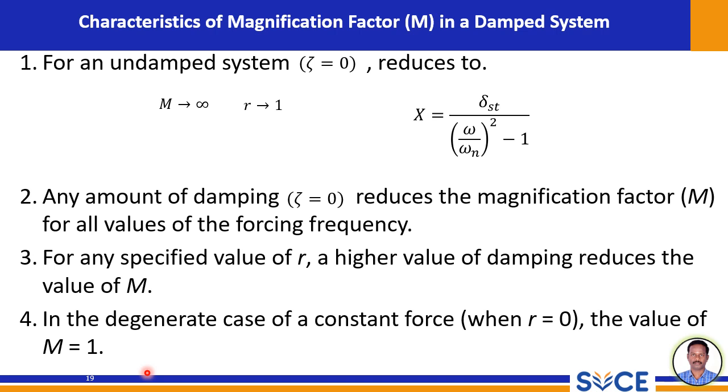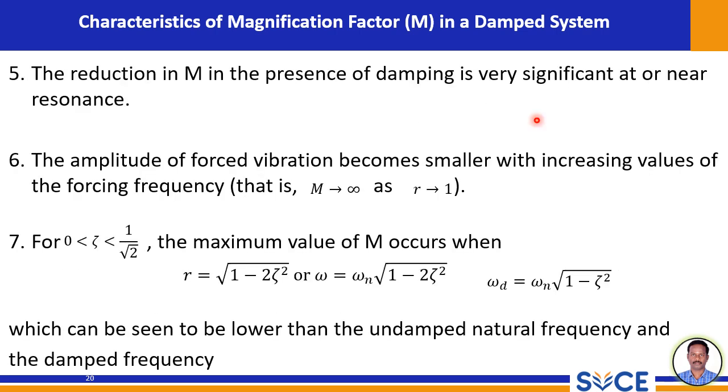This means that when the forcing frequency is 0, the magnification factor is 1 and the system response is simply the static deflection. These 4 points summarize the key effects of damping on the magnification factors. In the next slide, we conclude the characteristics.